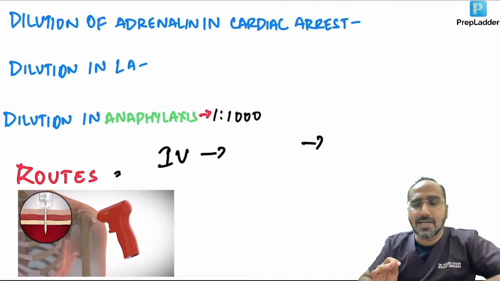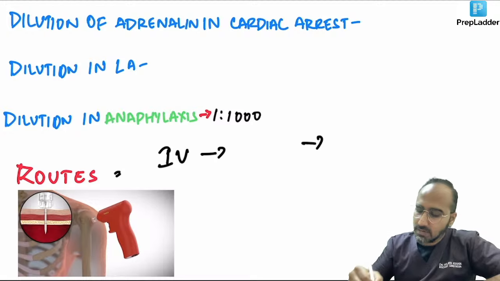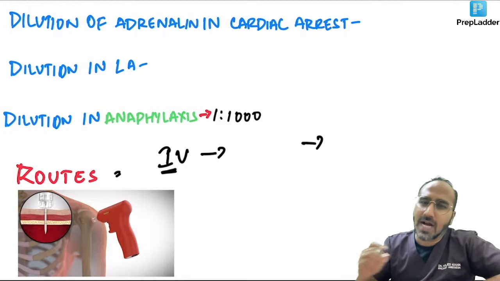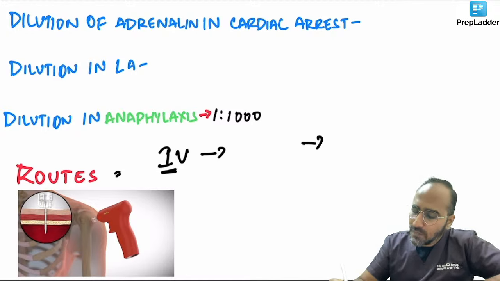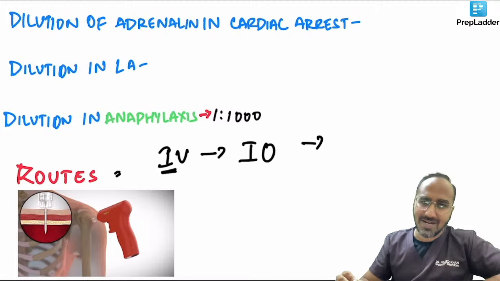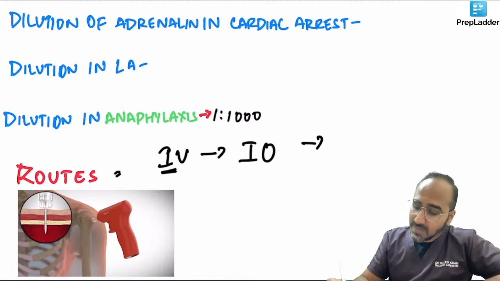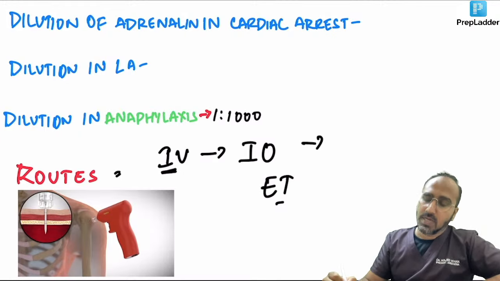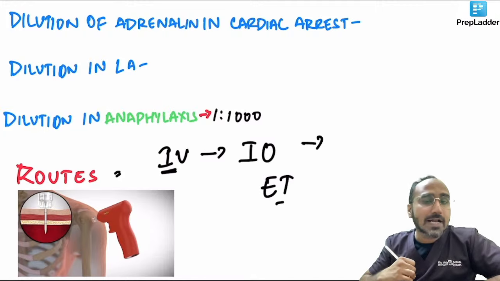So look over here. If you are giving adrenaline, how should it be given to the patient? The best route is IV. If IV is not possible, you go with IO, interosseous, as you can see in the picture, directly in the bone. If that is also not possible, if your friend has intubated, you can give adrenaline through the endotracheal route. What is the dilution of adrenaline in cardiac arrest, guys?